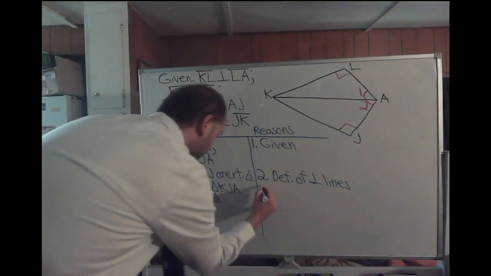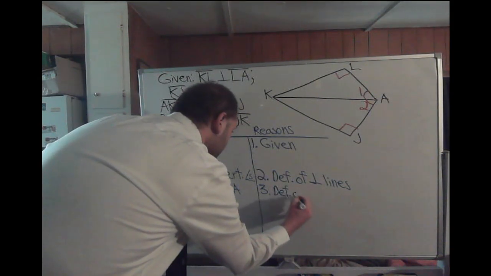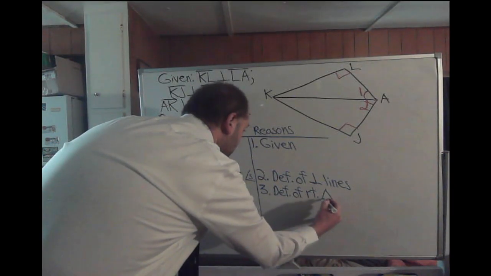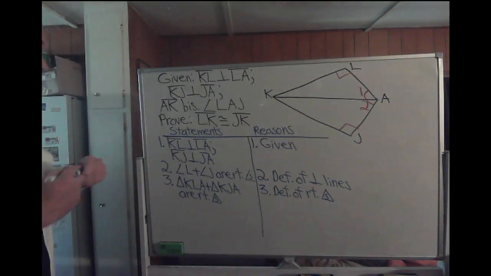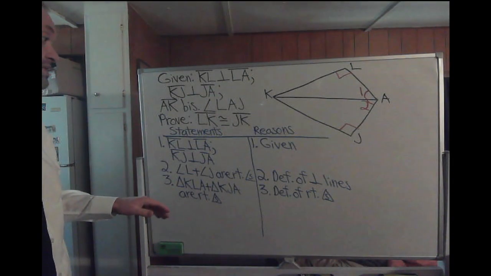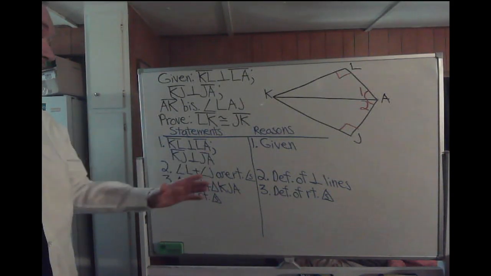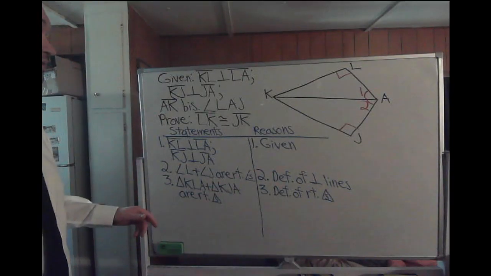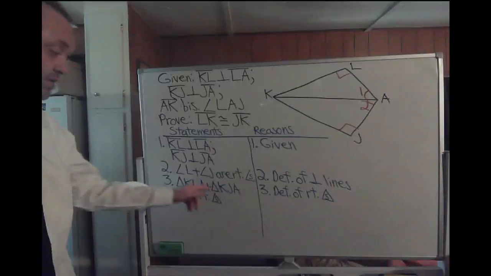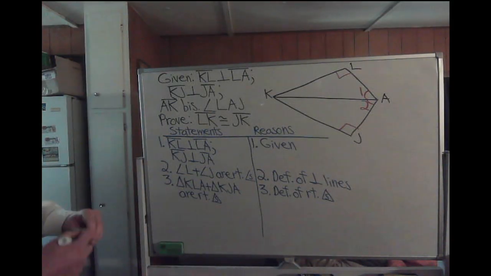That, of course, will be by the definition of right triangles. So far we've used the first two pieces of given information about the perpendicular lines, which means we can conclude that angles L and J are right angles by the definition of perpendicular lines, which from there we can conclude that triangle KLA and triangle KJA are right triangles by the definition of right triangles.